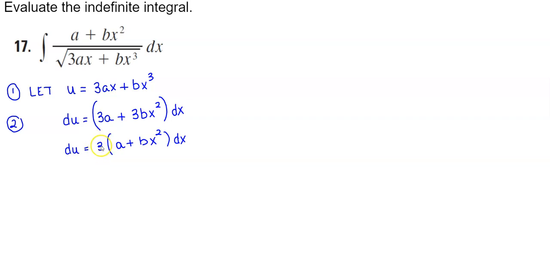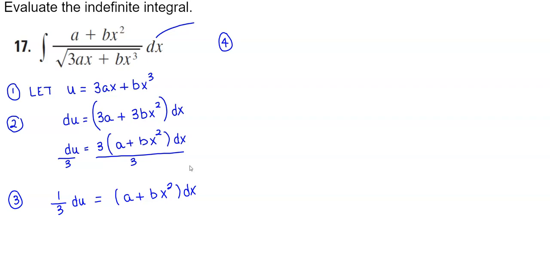So therefore, we need to divide both sides by 3. So I'm going to divide both sides by 3. And so therefore, we end up having 1/3 du on the left side, and that's going to equal (a plus bx squared) dx.